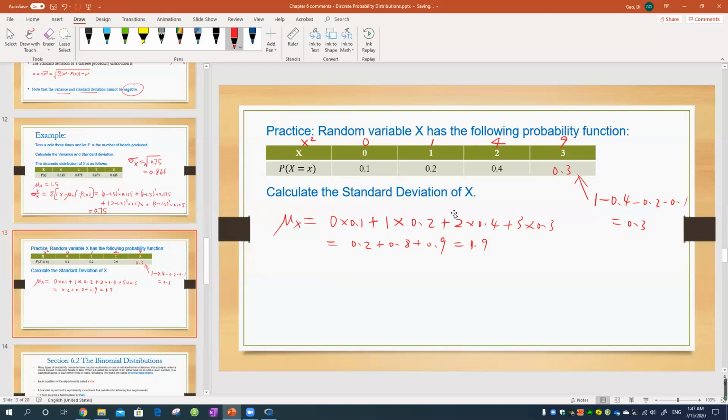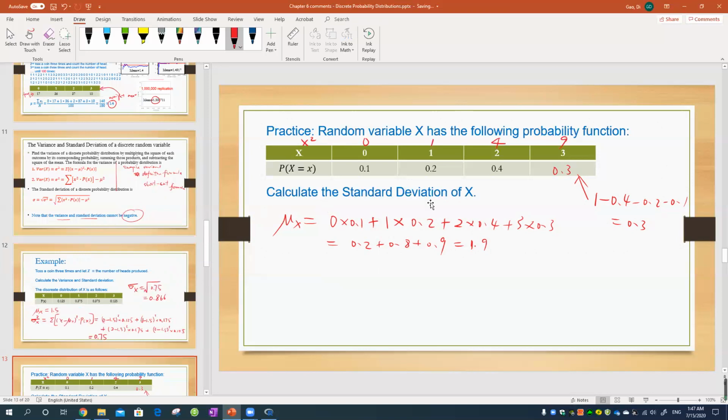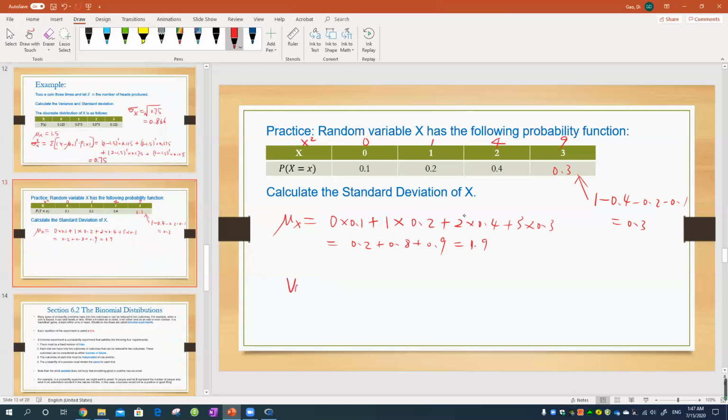If we go back to the formula, the variance of x, or sigma squared x, equals the sum of x squared times the corresponding probability, minus mu of x squared.